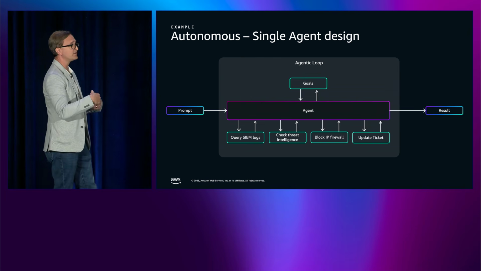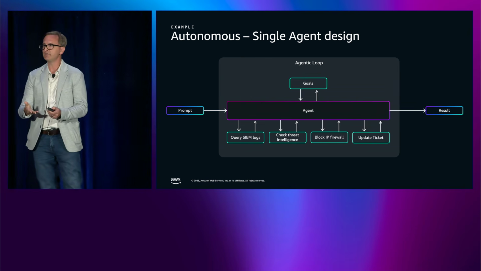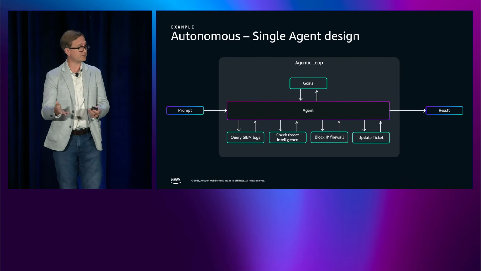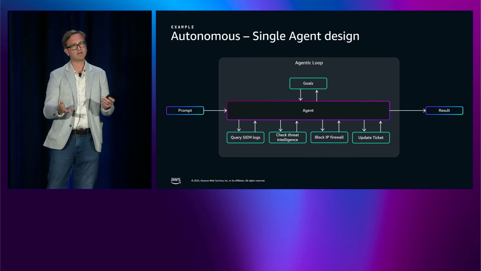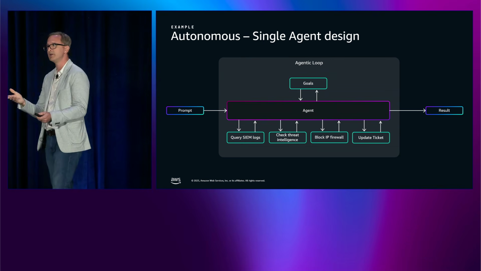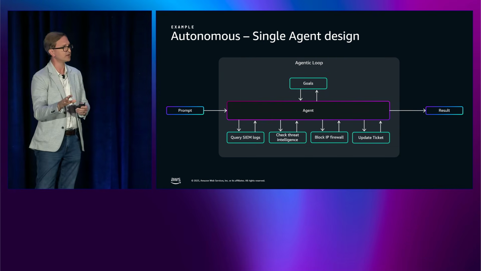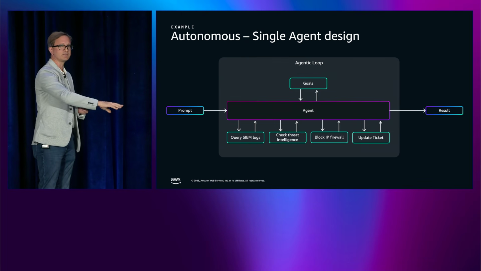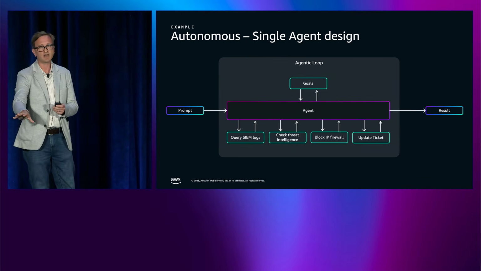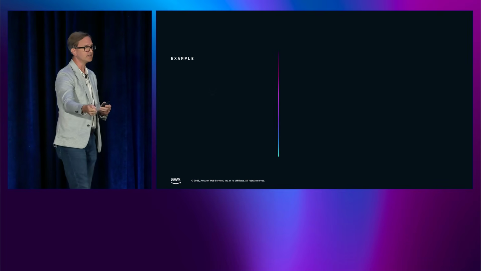So this is delegating a lot more autonomy to the AI system, which can be very powerful. However, you have to weigh those risks with how much control you want to have over how that workflow is actually executed. Do you want to be more prescriptive about it and use the multi-agent workflow, or do you want to have more autonomy delegated to the AI and use this single agent design?